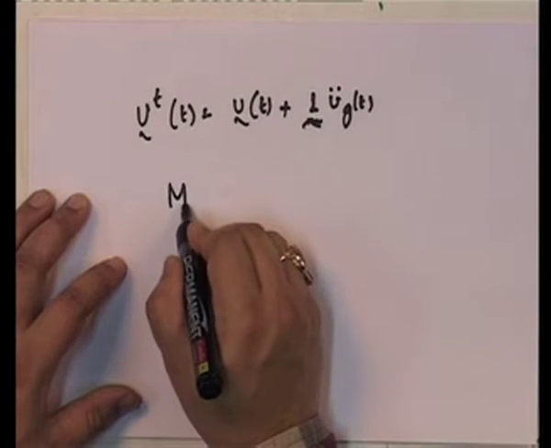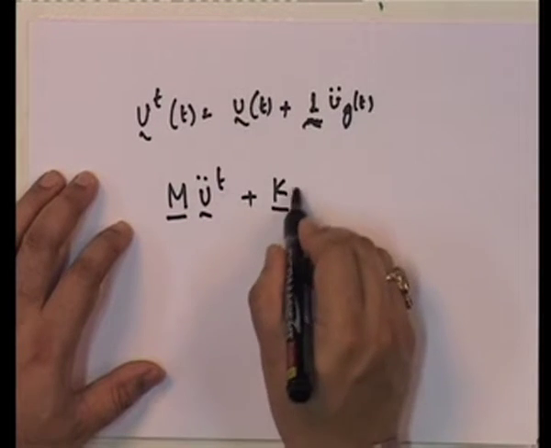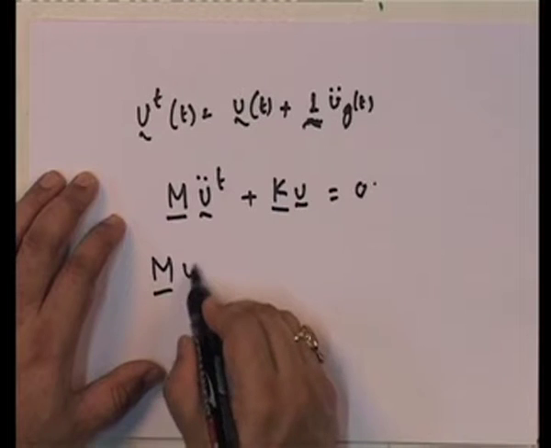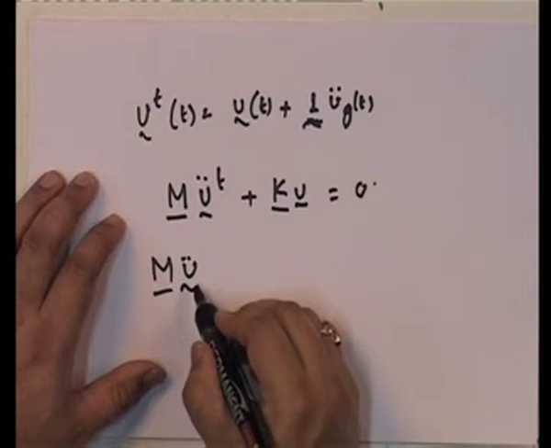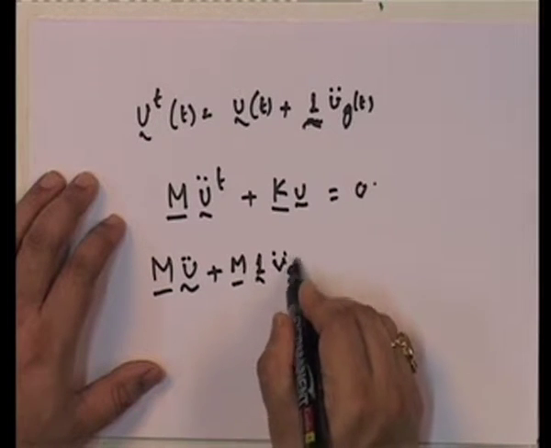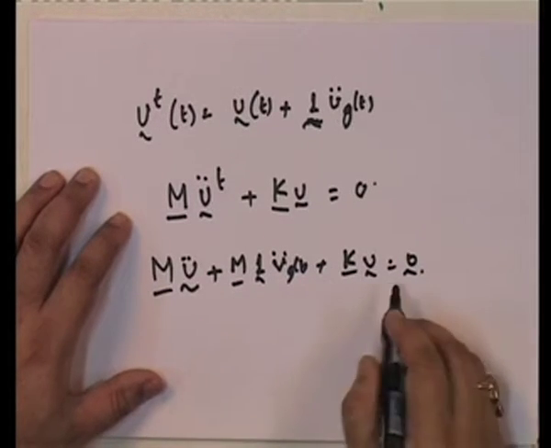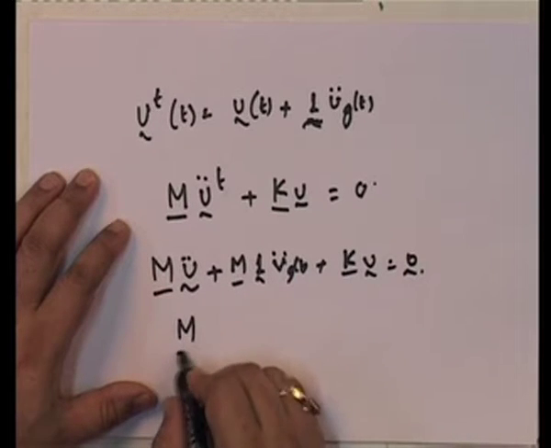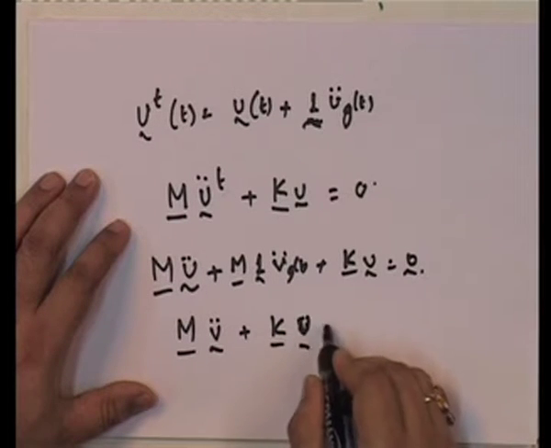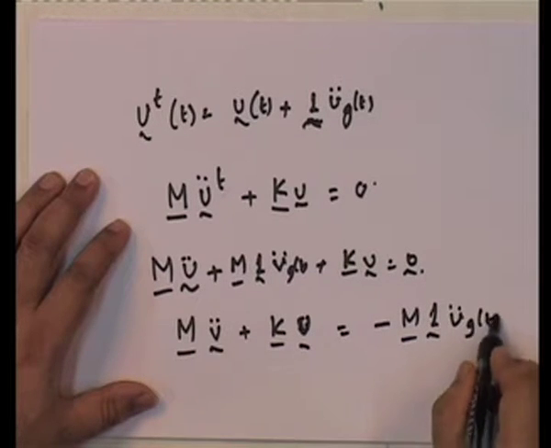So, if I look at m v double dot of t plus k v is equal to 0, this becomes then m v double dot plus m into 1 into v g double dot of t plus k into v is equal to 0. This is an n by 1. So, I will take this one on the other side. So, my equation in terms of the displacement, what we have here is minus m into 1 into v g double dot.